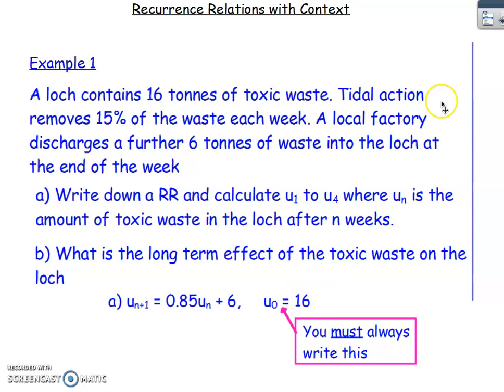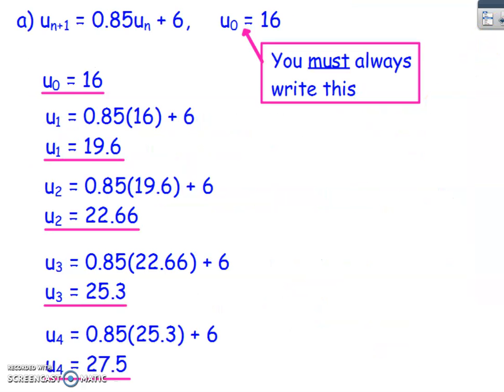So let's now find u1 through to u4. If u0 equals 16, we can substitute that into the recurrence relation, giving me 19.6. We can then substitute 19.6 in, we can substitute 22.66 in, etc. Now, this process you've been covering for the last week. If you're not sure of it, please make sure you're asking questions.